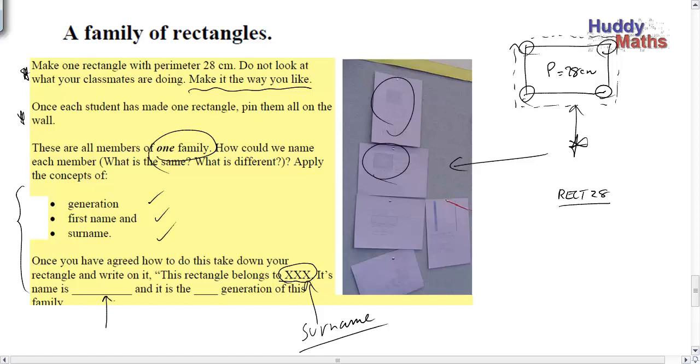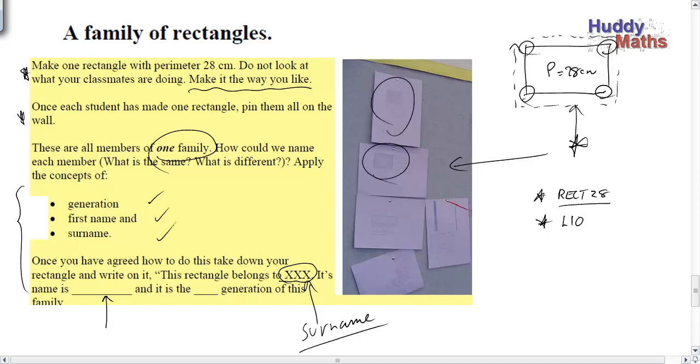And its name is what? What did you think? Well, what's the characteristic that makes it different from the other members of that family? Well, there's a surname. What about the first name? What could you do? What could specify that particular member? Well, you could call that L, what could you have? Maybe L10, meaning its length was 10.